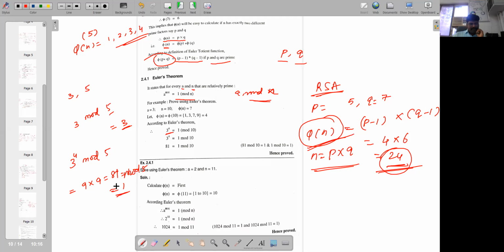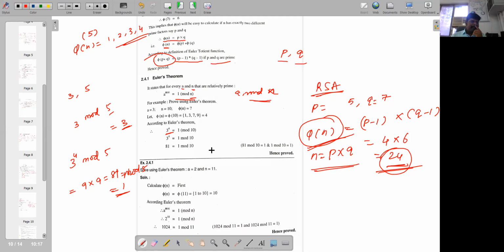Are you getting my point? So again, that is 1 mod n. Are you clear with this point?